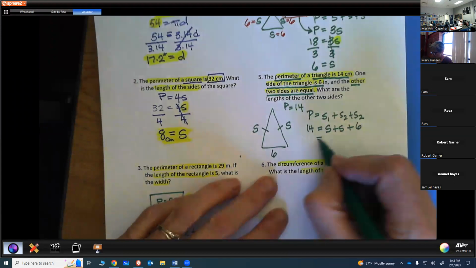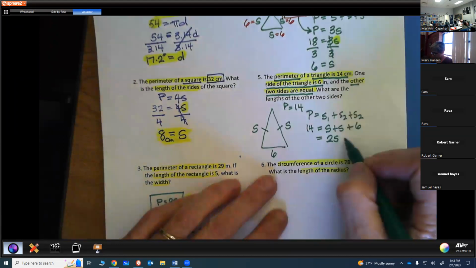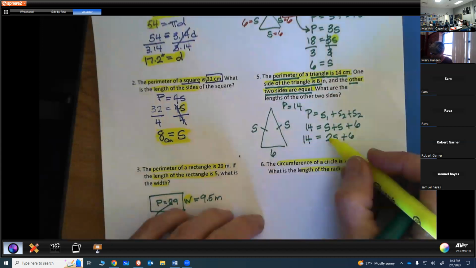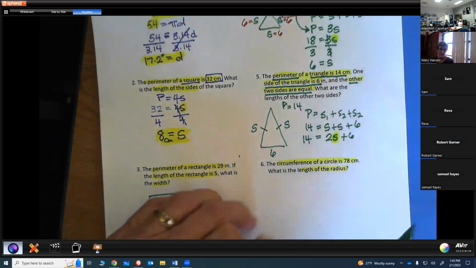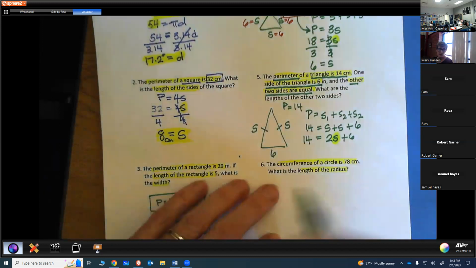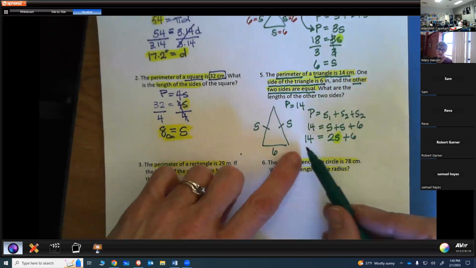I have 2 apples or 2 S's. And so I get to a point where I have one variable S that I'm trying to find out what it equals. Again, the 2 is multiplied by S, so I've got to divide everything by 2.